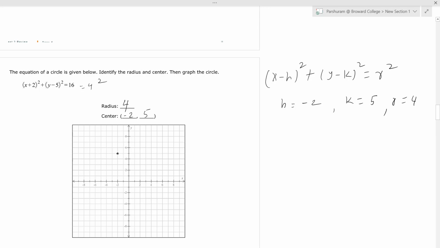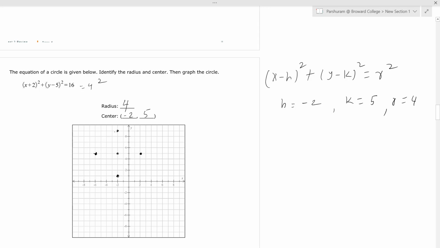And to draw the complete circle, we have to use the information about the radius. So let's find the 4 points, up, below, left and right, 4 units from the center. If I go 1, 2, 3, 4 units up, one point would be here. 2, 3, 4 units right, that's another point. 1, 2, 3, 4 units left, that's another point. 1, 2, 3, 4 units down, that's another point.